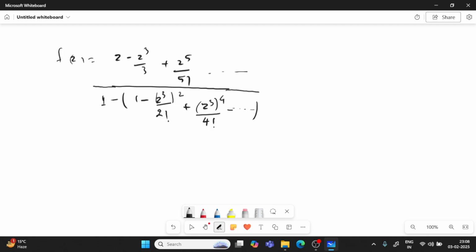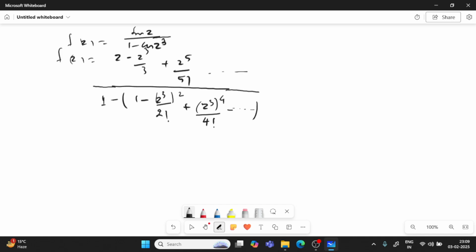So what we have done here is find the expression of sin z upon 1 minus cos z cubed. Here f(z) equals sin z upon 1 minus cos z cubed, and we have found its Taylor expansion.